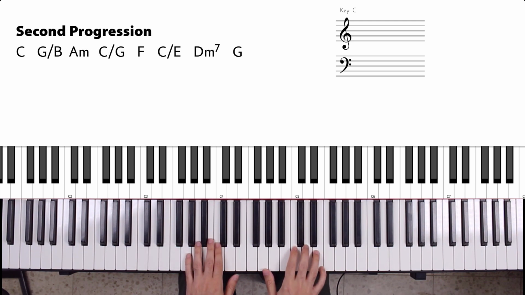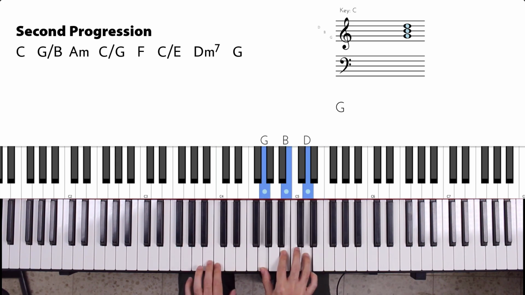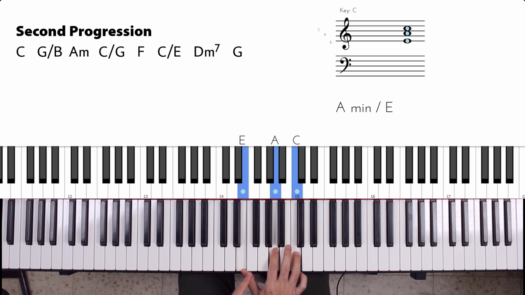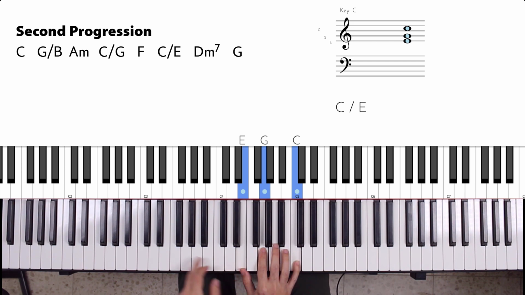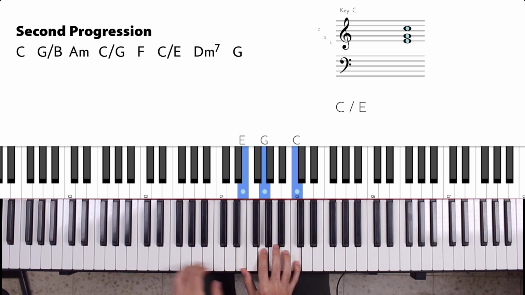The first chord in this progression is a C major over the bass of C. This is followed by a G major over the bass of B, then an A minor in the right hand over the bass of A, C major in the right hand over the bass of G. You can see that I'm using a different inversion of C major here. I used this inversion first and now this inversion.